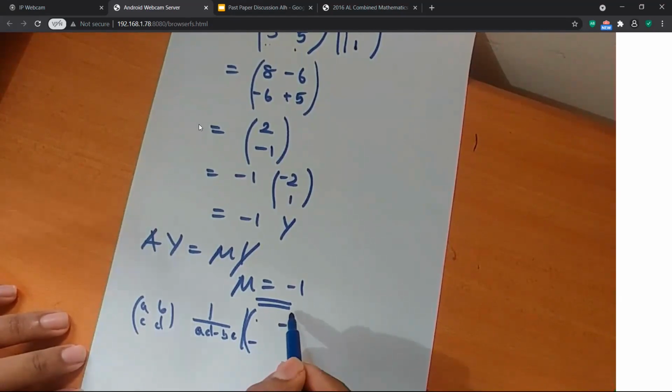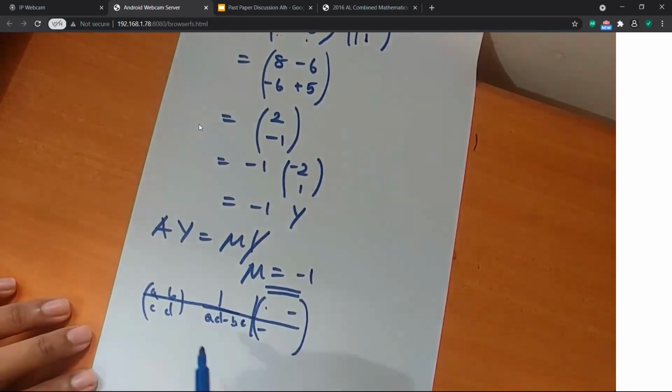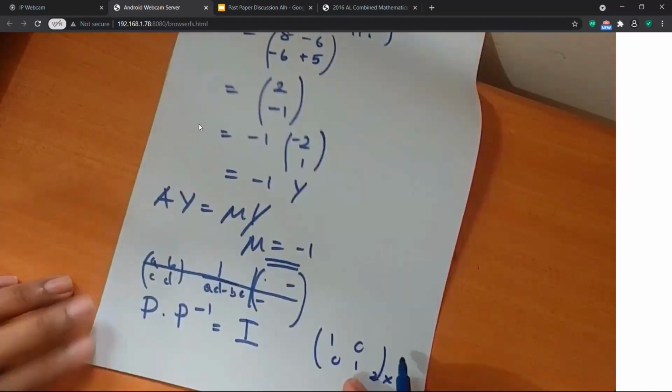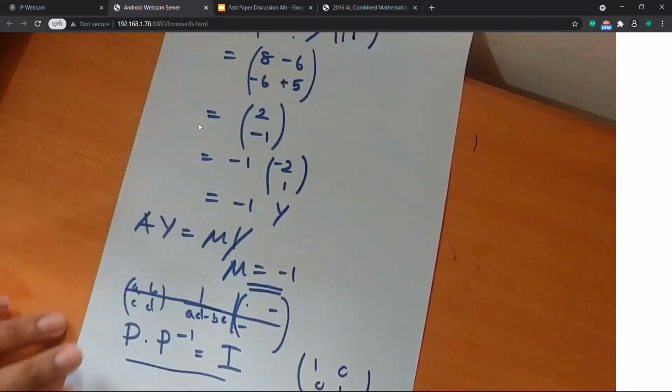That's one method. The other one is the theorem behind this: if you multiply any matrix by its inverse, you will get the relevant identity matrix. So what is an identity matrix? If it's a 2 by 2 matrix, all the diagonals are 1, and the others are 0. That's what an identity matrix is. So we'll use this formula for this question. Okay.